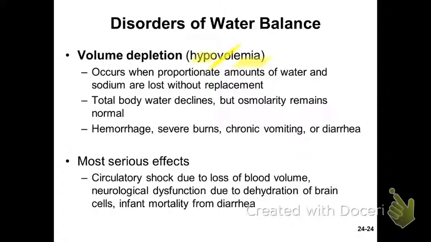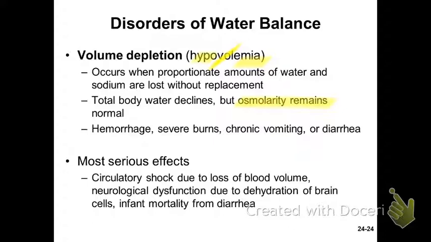So low blood volume. And how would this occur? In hypovolemia, you are losing as much water as you are solute, right? As much water as you are sodium. And as you're losing this volume, your osmolarity is remaining the same.